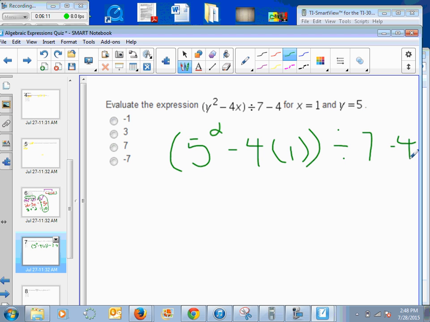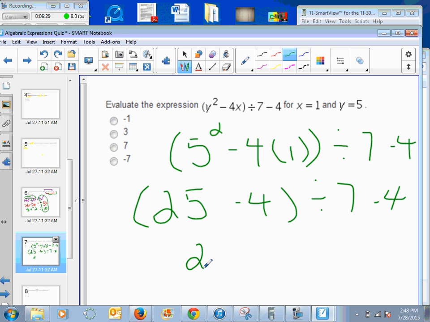We can go to the calculator if we really needed to, but let's go with our order of operations. We're going to simplify what's in the parentheses. So we've got 25 minus 4 divided by 7 minus 4. 25 minus 4 is 21, divided by 7 minus 4. 21 divided by 7 is 3, minus 4, and of course that's going to give us negative 1.